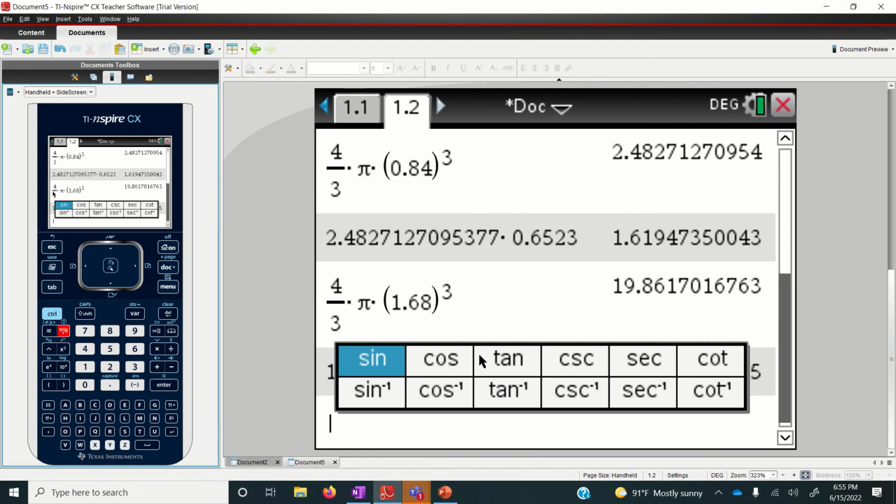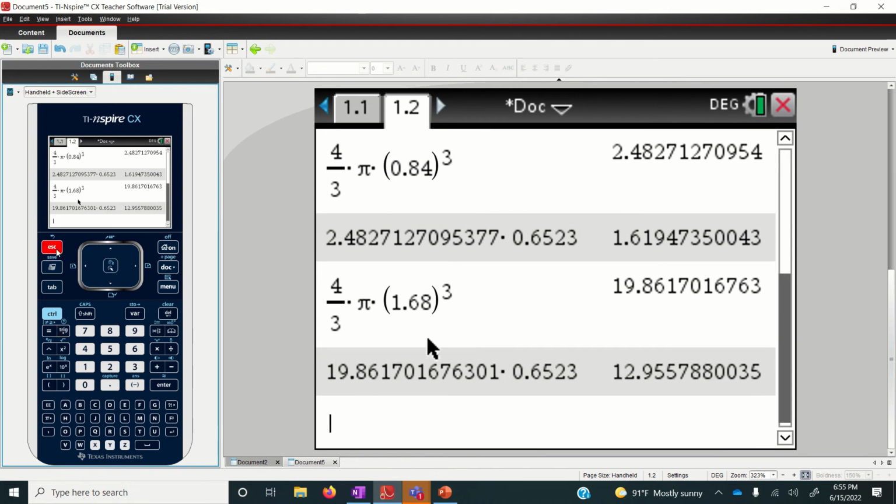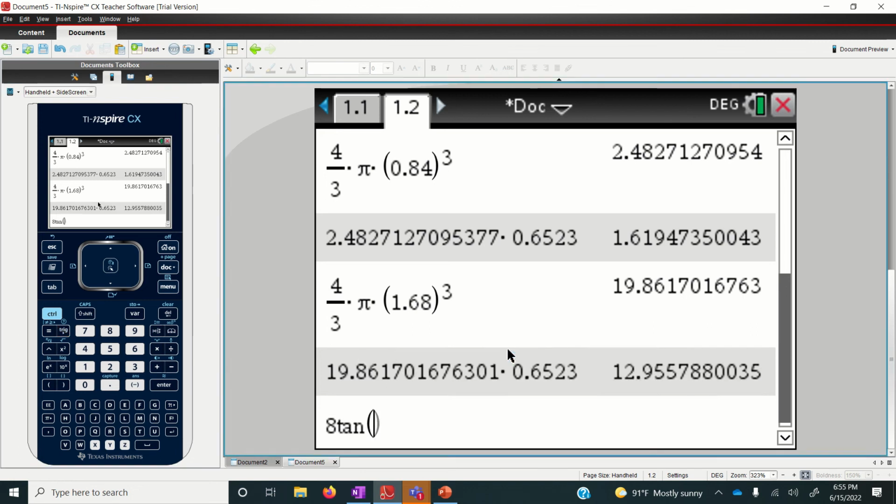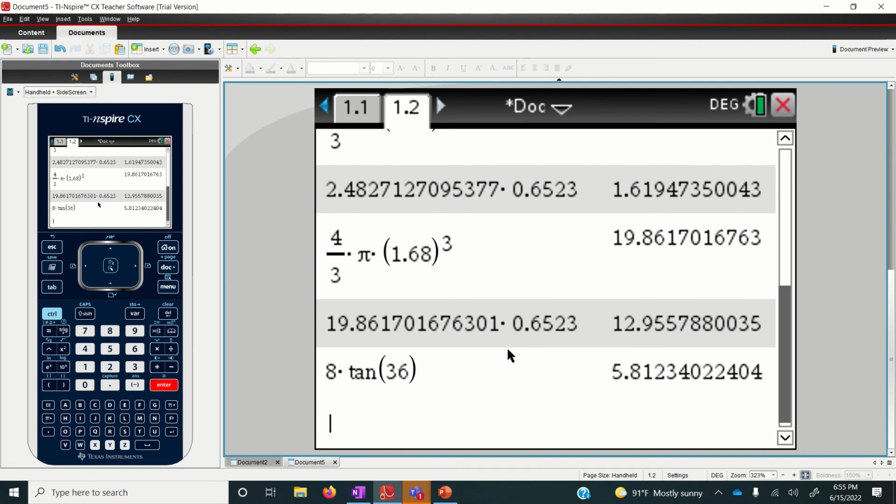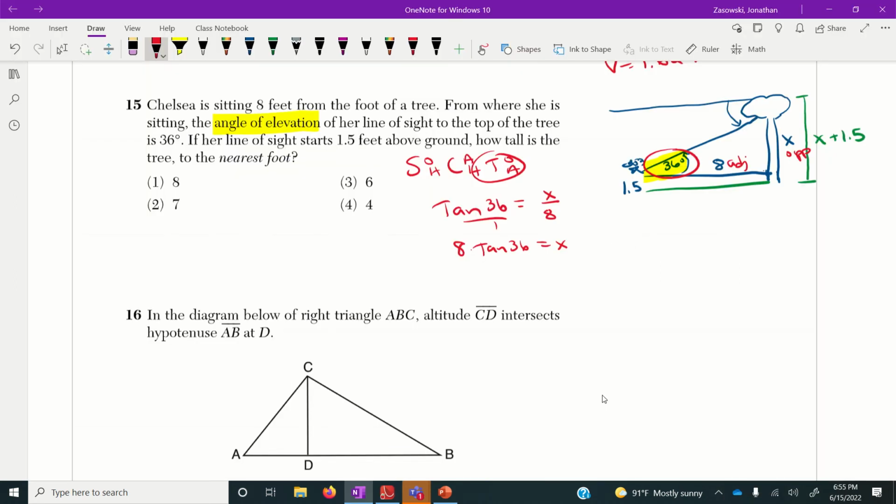Okay. Before we do trig, we're doing 8, trig, tangent, 36. Enter. We're getting that answer right there. So we'll write it out to a few decimal places: 5.8123. Okay, just checking on the battery power there. Now, it says nearest foot. Notice that would be 6, but that's the answer for x.